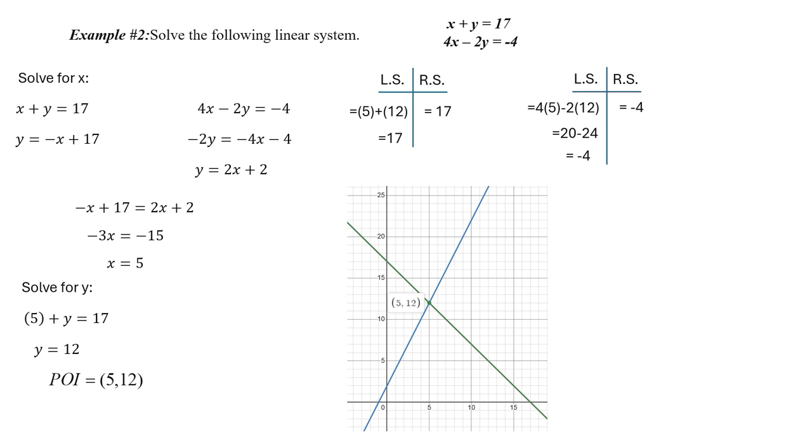Once again, these two sides check out for equality, so we can be confident that we have the right numbers. And when graphed, we see that the lines intersect at the point 5, 12 visually, just kind of re-emphasizing what we've already proven algebraically.